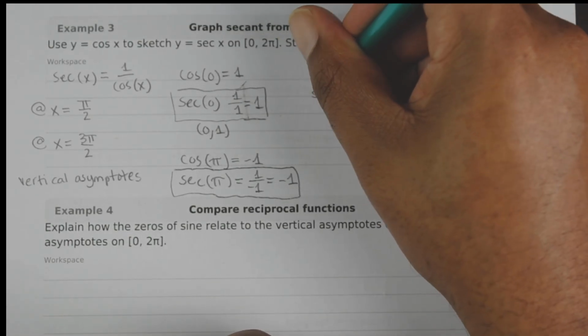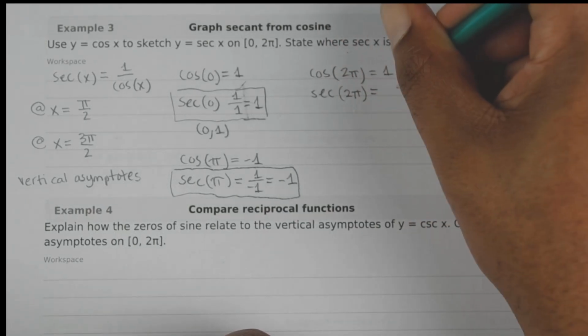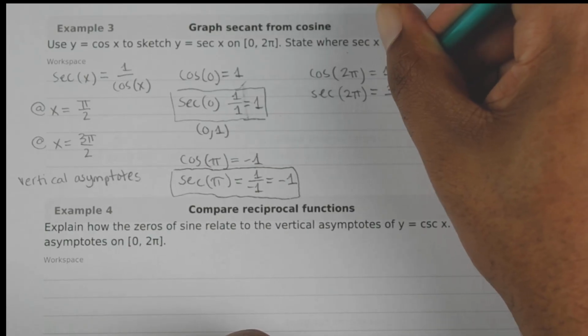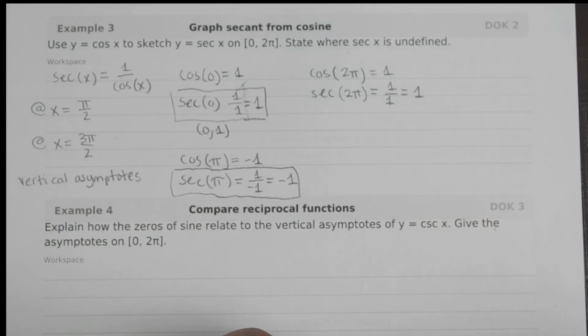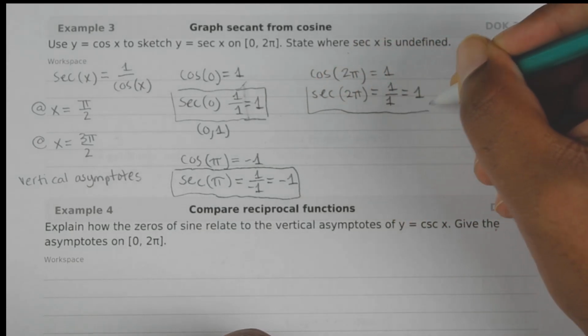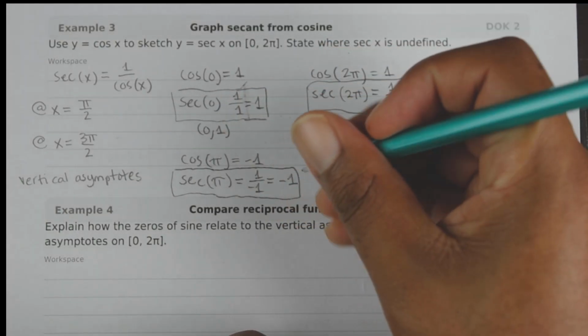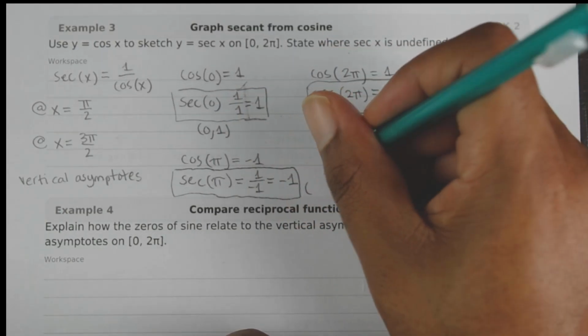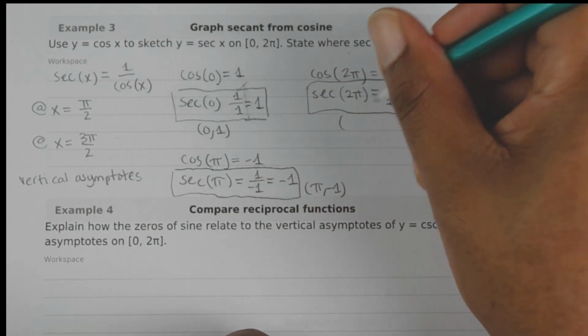So secant of 2 pi would be 1 over 1, which is 1. So again, write the point down: this point was (pi, negative 1).